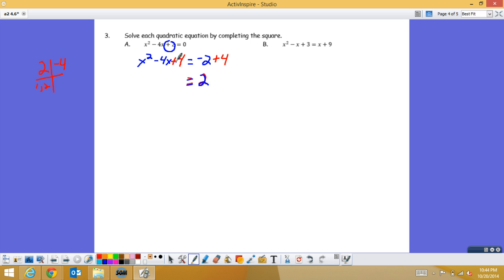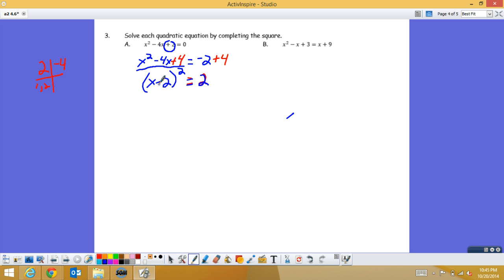So we'd end up with x minus 2 squared, which is why we added the 4 to begin with. Because if you do this correctly, this trinomial over here will always factor to some binomial squared.